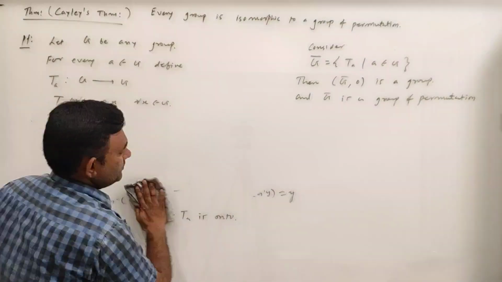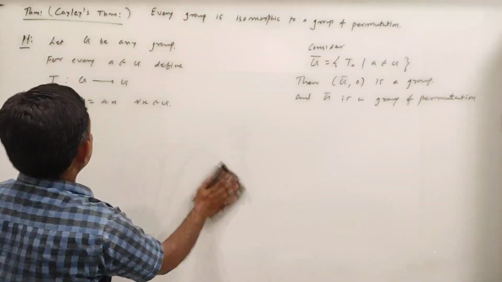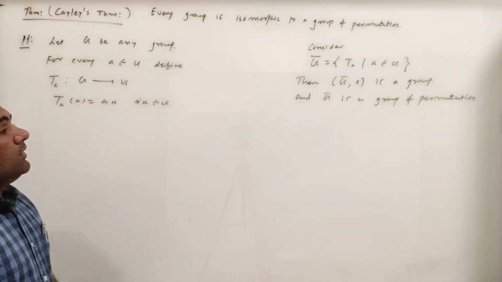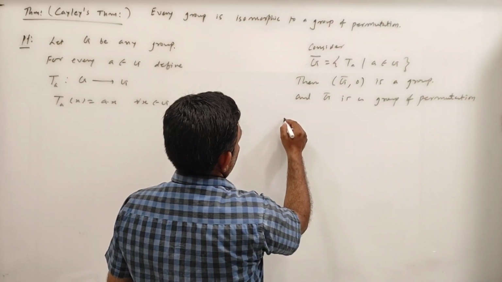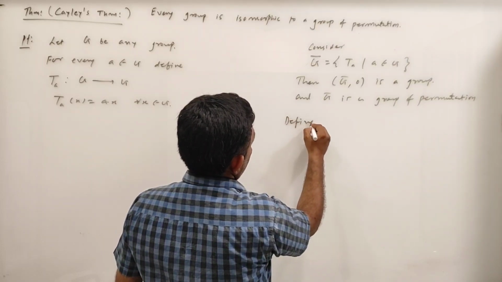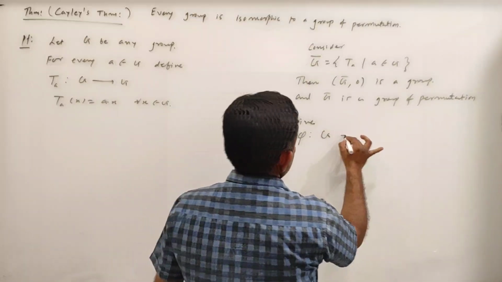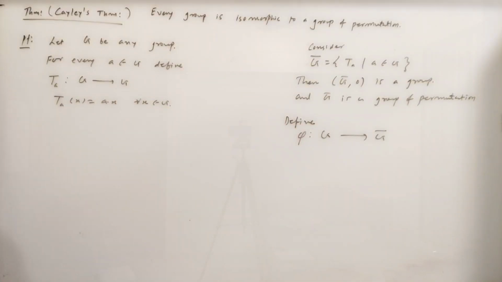So let me remove this portion. I keep the definition of TA just for reference. Okay, so now you define phi as a mapping from G to G bar.